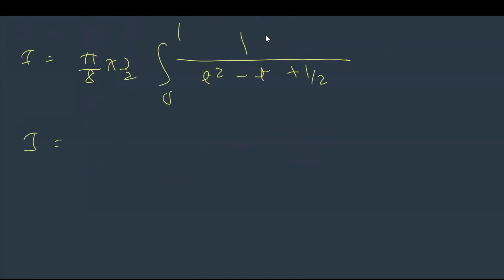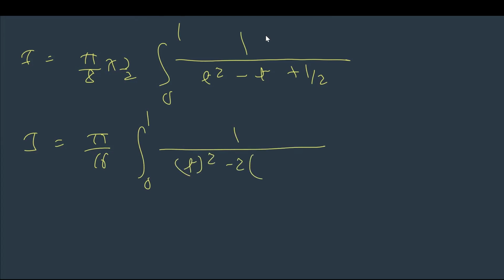So I is equal to, now it's pi by 16 integration 0 to 1, 1 over. This is a square minus 2 times a b, where a is t. And what should I write b as? B has to be half, right? So as to restore minus t plus b square. And this half should be copied.